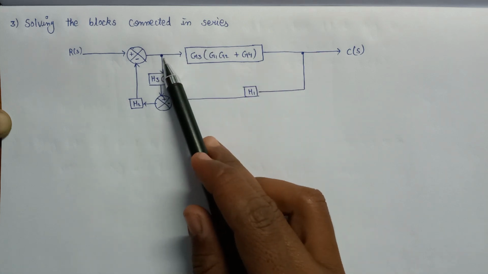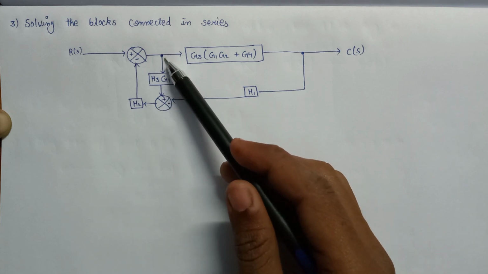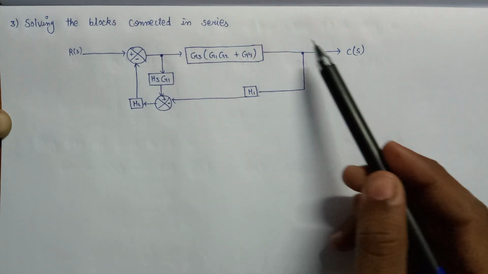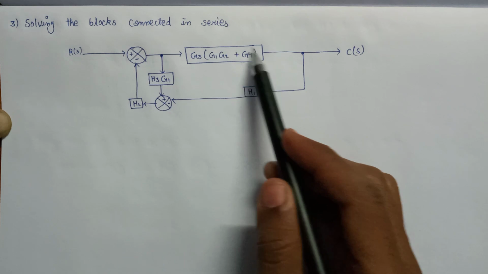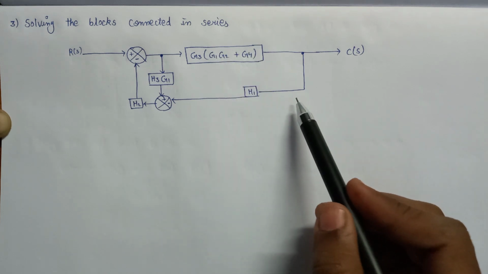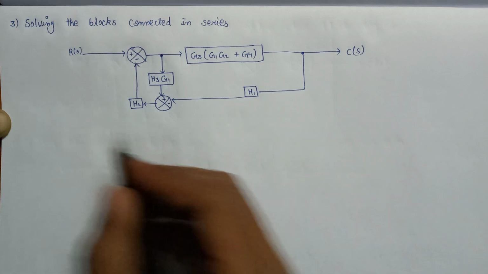But here is a takeoff point which is creating a problem. So we just simply need to shift this takeoff point after this block at this position, so that this circuit can easily be simplified. Let's redraw the complete image of the circuit.